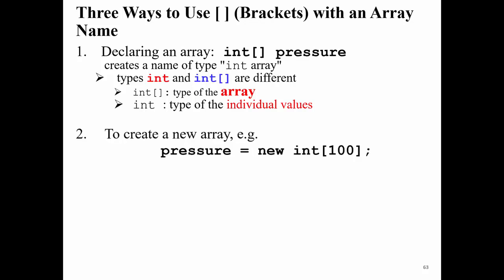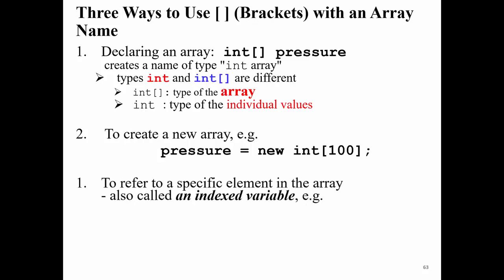To create a new array, a new int, as you can see, I define just int pressures array, a reference. Then later on, I use the new keyword with the number of elements that I would like to reserve for the array. And I can also use the square brackets to access the element. So I can access pressure element number 3.